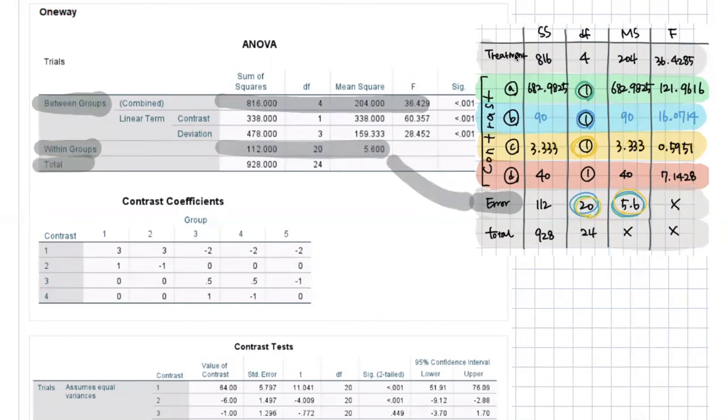And the total line also matches our result. And then let's check the linear contrast, 3 and negative 2, negative 2, negative 2. For the other one, our sum of the linear contrast was 0, so we didn't modify it.